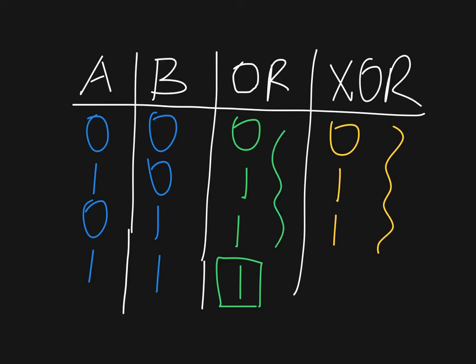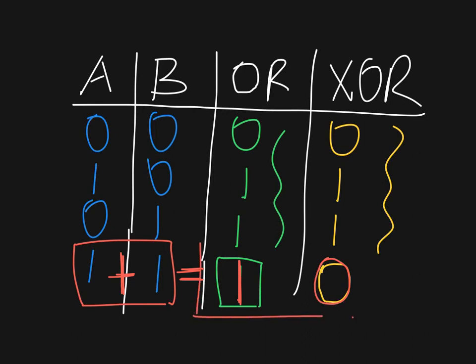But notice what happens right at the end. 1 plus 1 gives us 0. Now, if I can get you just to step back and have a look at this. Imagine I wrote 1 plus 1 and I put an equal sign here. 1, 0. Oh, you say, hang on a second.